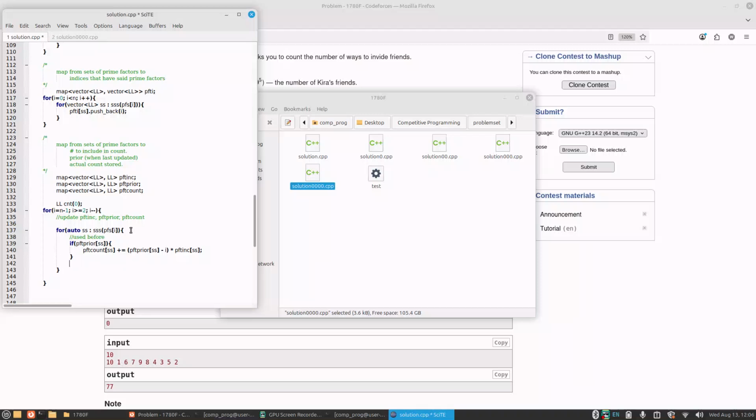Then we set PFT inc. We increment that. Yep.